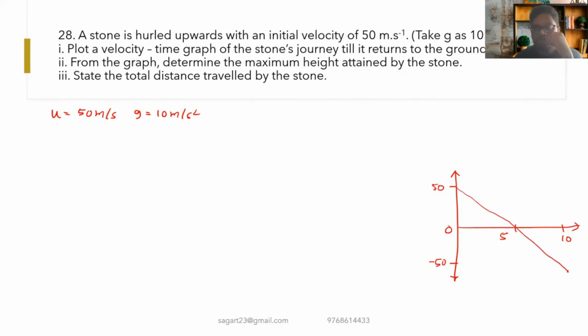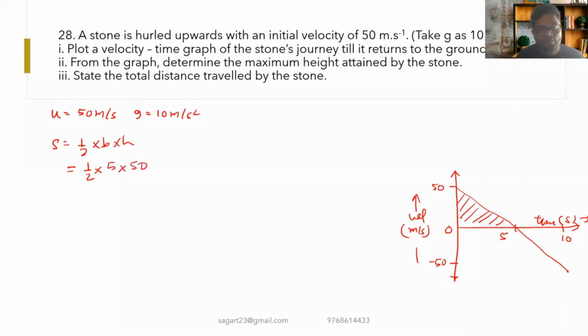Yeah. So this is velocity and this is time. So S is equal to half into base into height. So this will be half into 5 into 50.